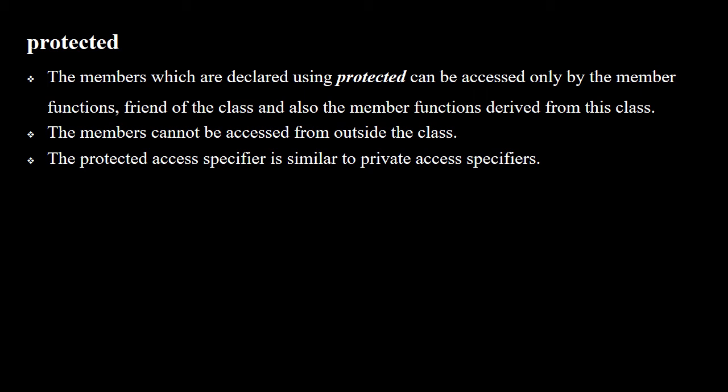Protected members can be accessed by public member functions, friend functions and derived classes, whereas private members can be accessed by public member functions and friend functions. Its example is protected colon, int X and float Y. Here X and Y are the data members.